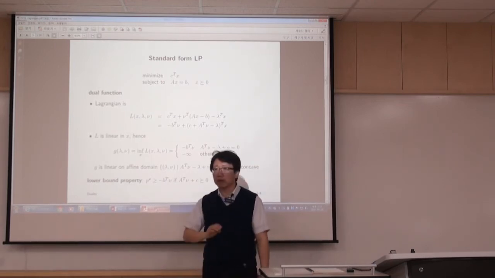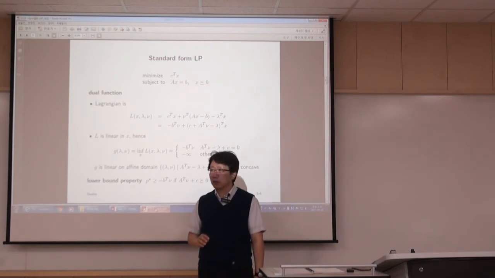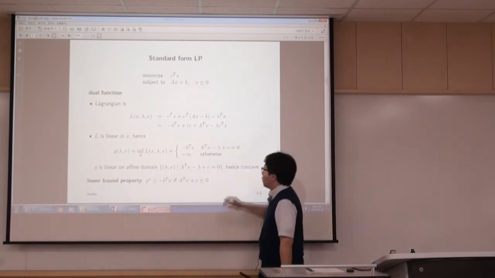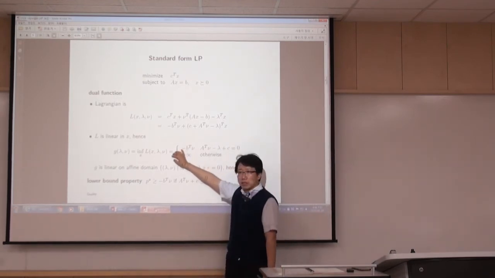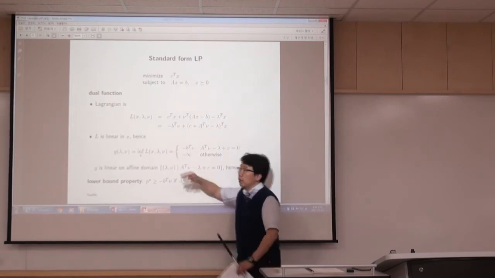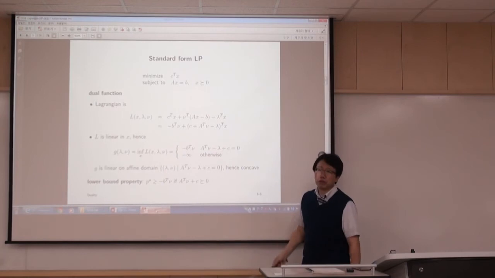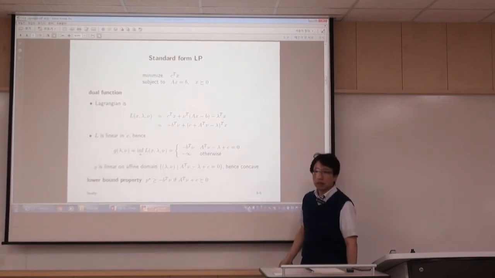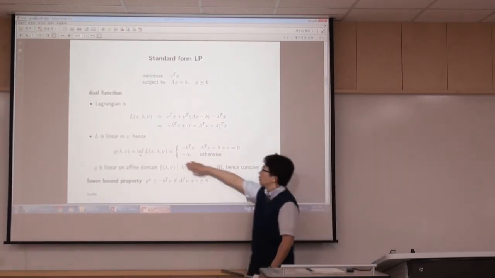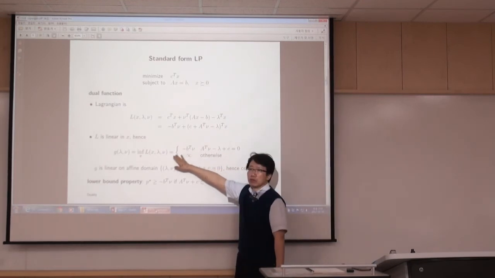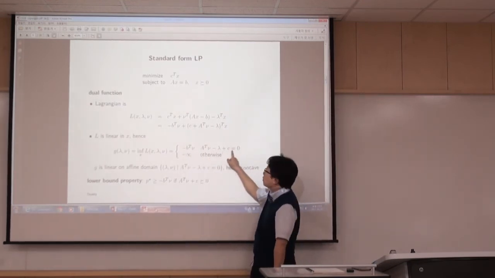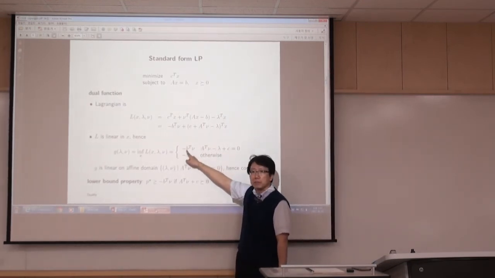Anyway, negative infinity is always a lower bound. So I'm not saying that this is useless. I'm saying that in this case, this is useful. Got it? I'm not saying this otherwise case is useless. I'm saying that in this case, this lower bound is useful.